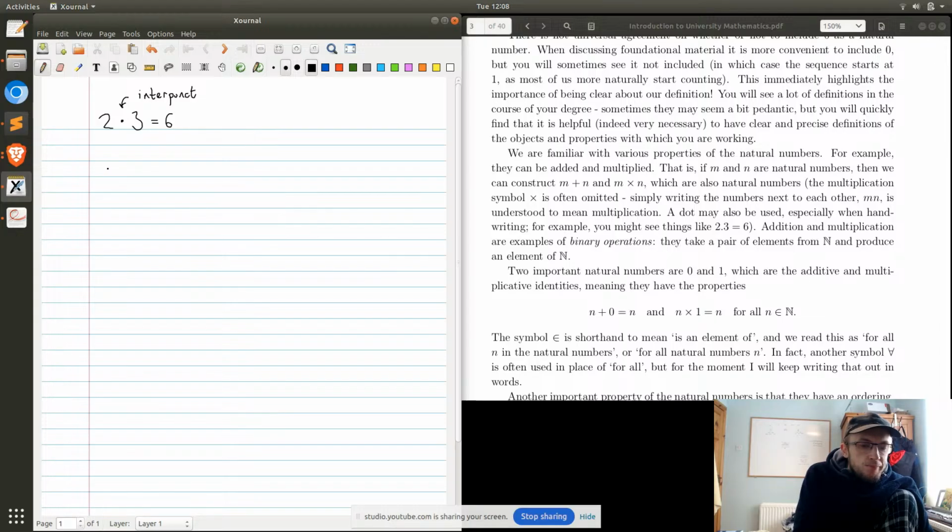But usually you wouldn't actually see it with actual concrete numbers. Instead, you might see it with symbols like that. And the reason why is because it is too easy to confuse with the decimal point.